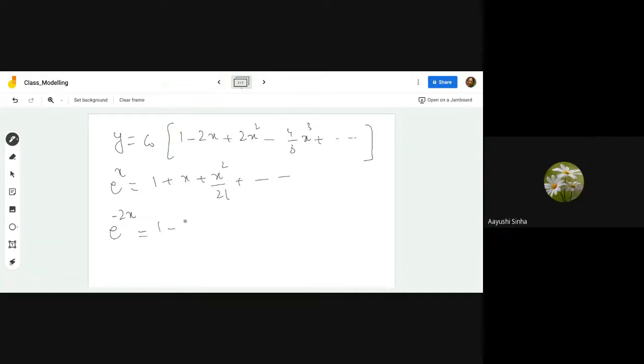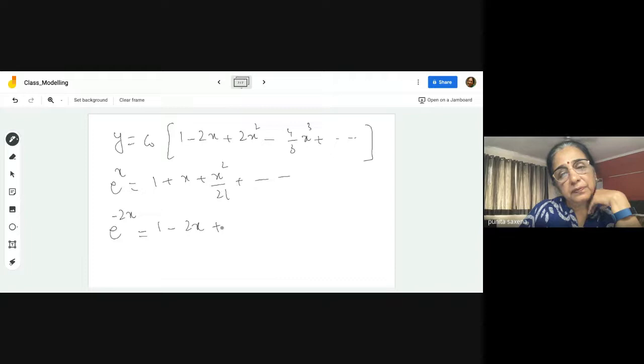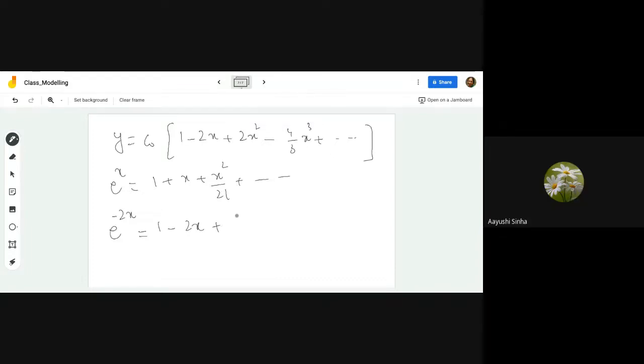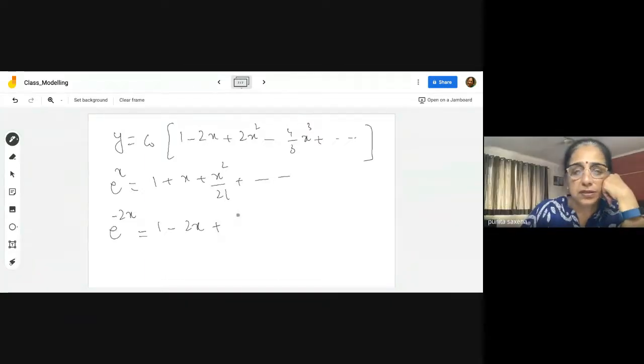1 minus 2x plus 4x square by 2 factorial, which is 2x square, and so on and so forth.